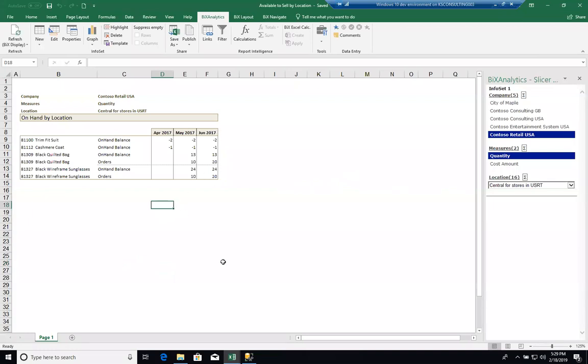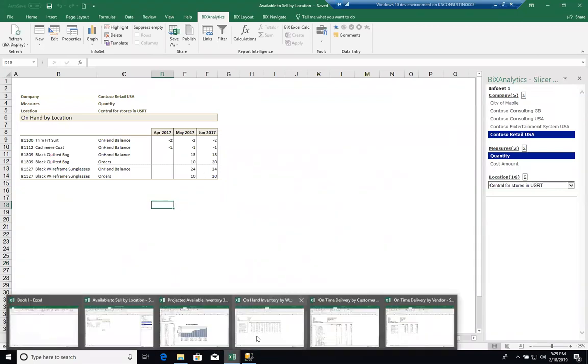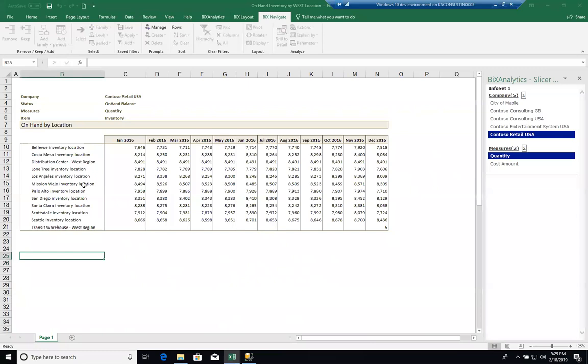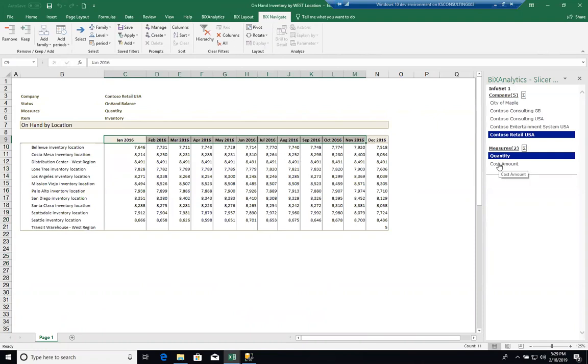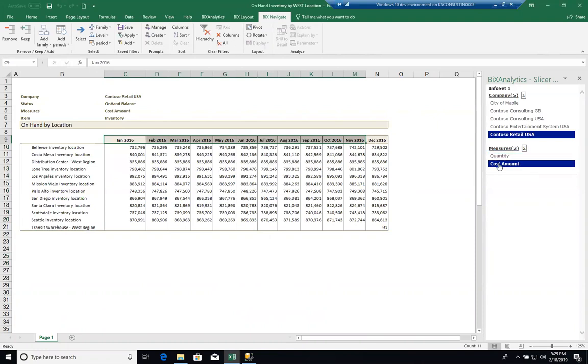So just to get started here, we'll take a look at it from the standpoint of inventory on hand. This is a report. We're looking at the different inventory locations. We can see that we have information trended over time. And then this is looking at it from a quantity standpoint. And then I'll choose cost amount to change this.